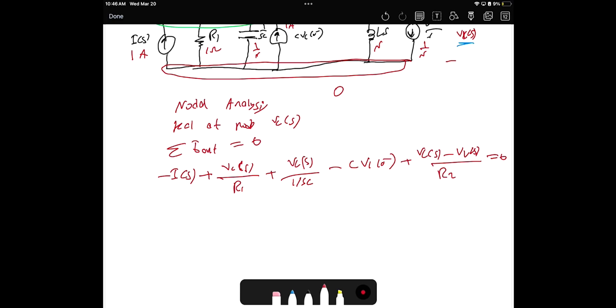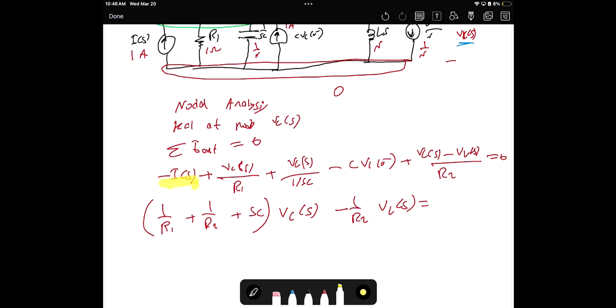So this will yield 1 over R1 plus 1 over R2 plus SC, times VC of S, then minus 1 over R2 times VL of S. Then I'm going to move the constants to the other side, which are I of S and C VC of 0. So this will be I of S plus C VC of 0.